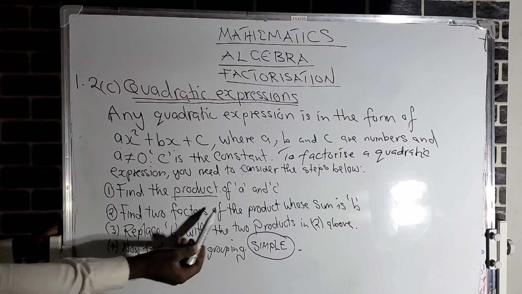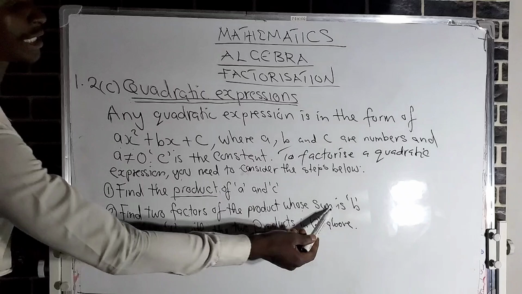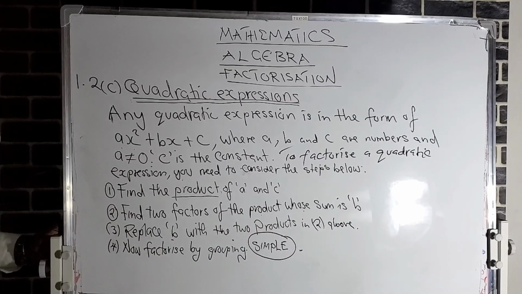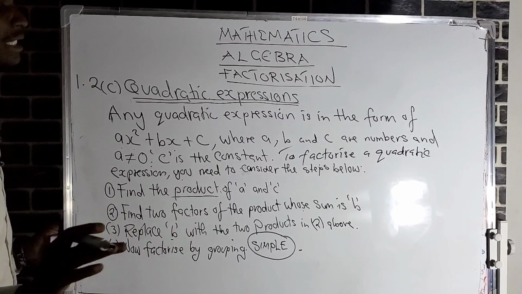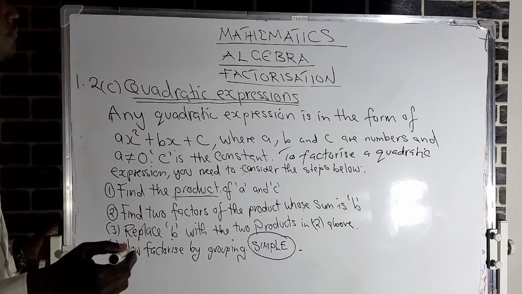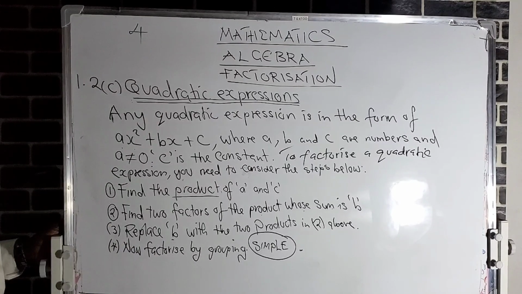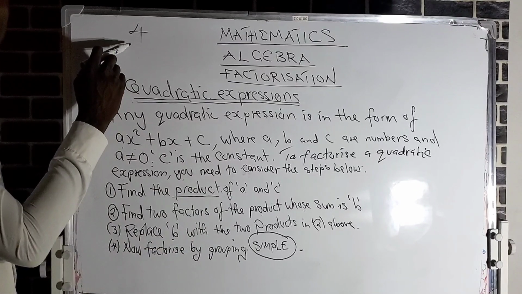Find 2 factors of the product whose sum is b. You need to understand this English. It means that those 2 factors of the product, let's say the product is 4, you need to find 2 factors of 4.